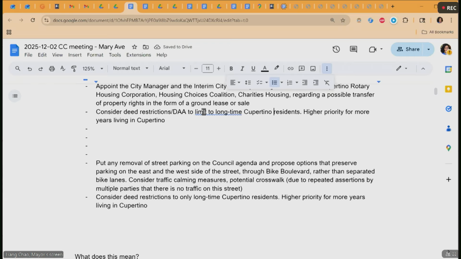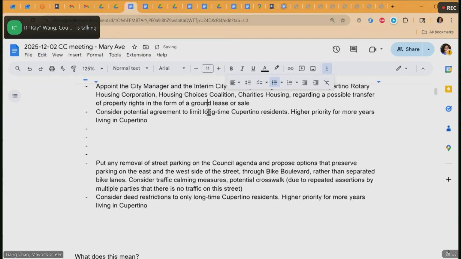Therefore, consider the possibility of giving higher priority for more years living in Cupertino. That way, if someone has been a 20-year Cupertino resident, they get more priority than a 5-year resident or 1-year resident. Explore whatever way is potential. So that would be my motion so far.